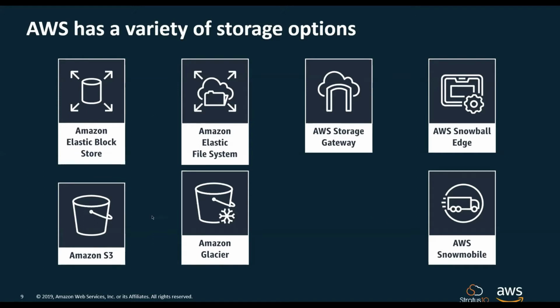And Snowmobile is even larger, an actual semi-truck that you can use to dump all your data into and then have it moved into AWS. It can transfer up to 100 petabytes, I believe, of data in a matter of weeks, as opposed to having to wait years if you were to do that over the internet.